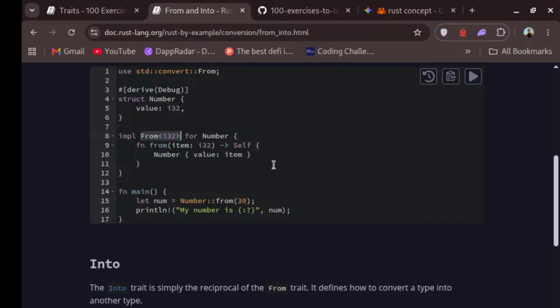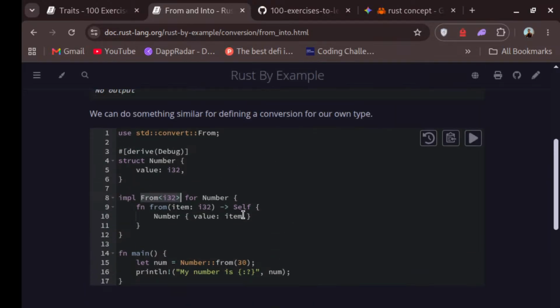I think it is a difficult thing to understand. So we can do something similar, defining the conversion for our own type.